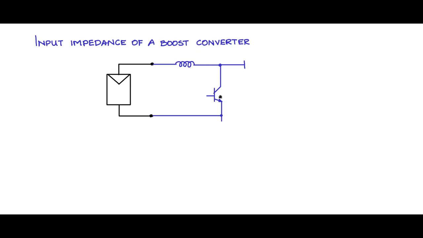Now this could be a BJT as shown here, or it could be an IGBT, or it could be a MOSFET. Any of the power semiconductor switches can be used here in switched mode, on off mode. From this junction we need to use a diode connected to a capacitor, the output capacitor.